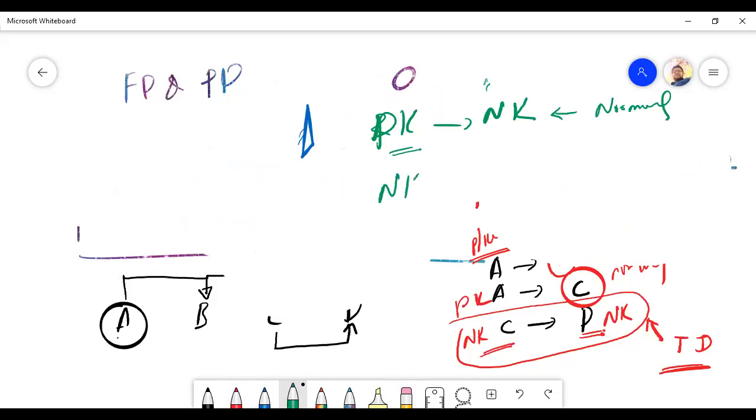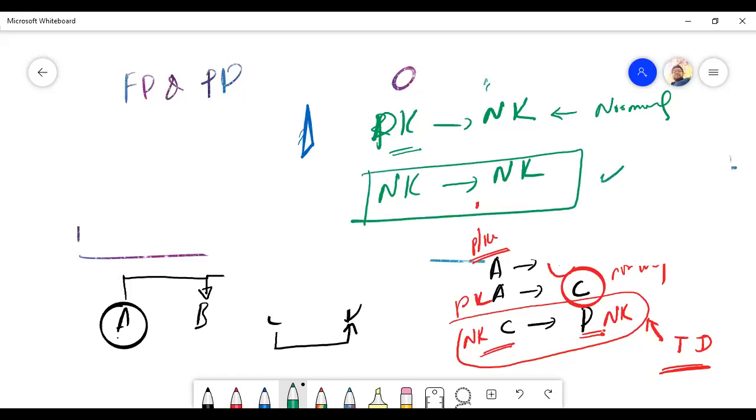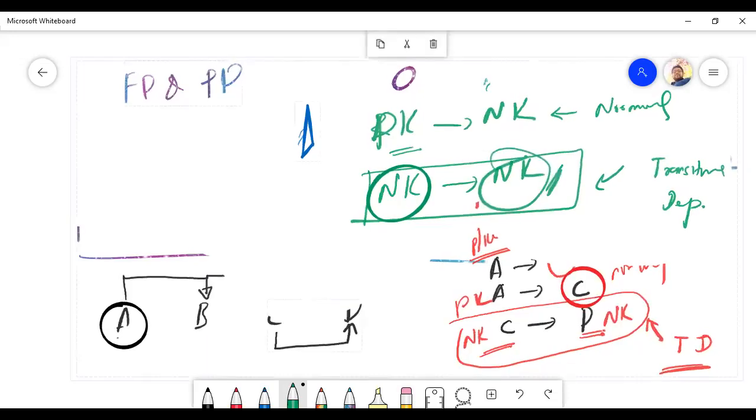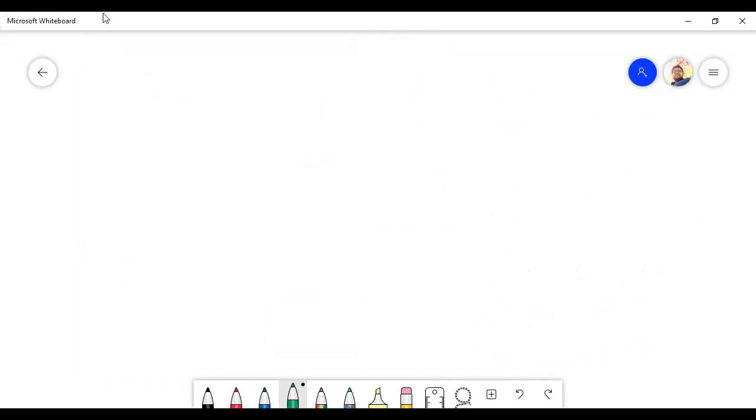If you see like this, a non-key depending on another non-key, this is what we call transitive dependency. Without any doubt you can say this is transitive dependency because one non-key is depending on another non-key, right? Now let's go with one example, then you can understand.